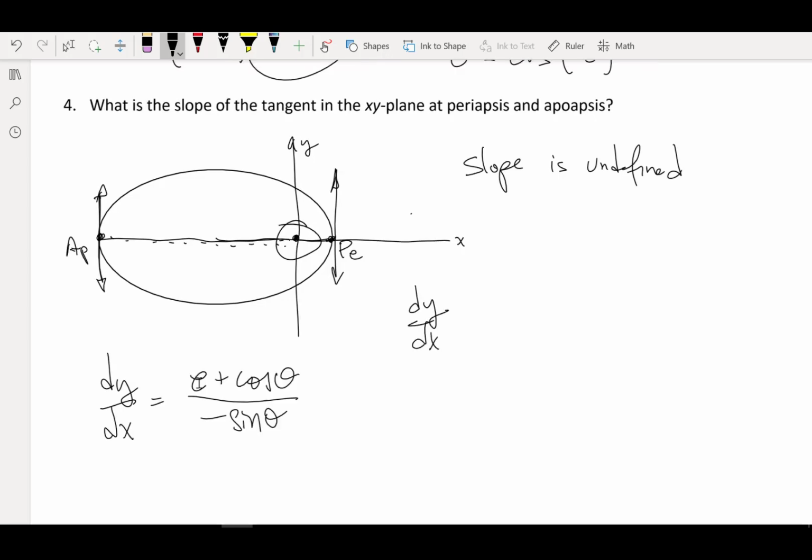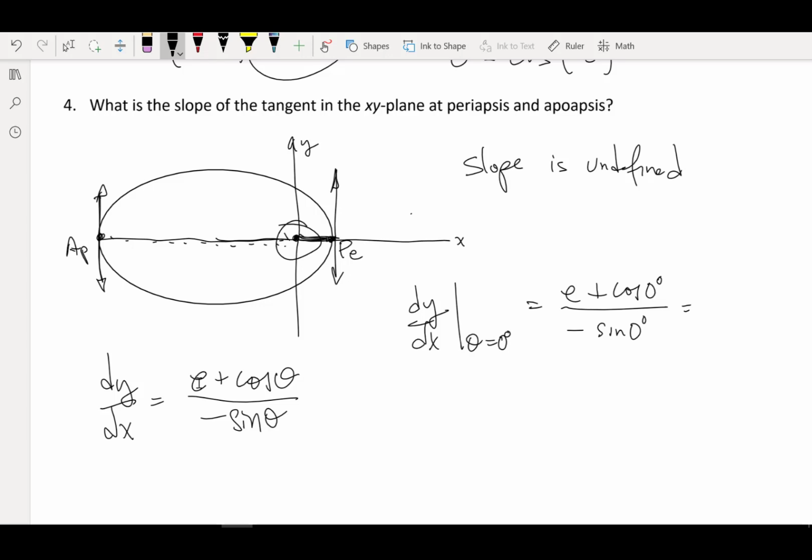Slope of the tangent, if theta is 0 degrees, which would be the angle of true anomaly at periapsis, we get e plus cosine of 0 degrees, and on the bottom we have negative sine of 0 degrees, and that's right there where it's undefined because the bottom is 0.